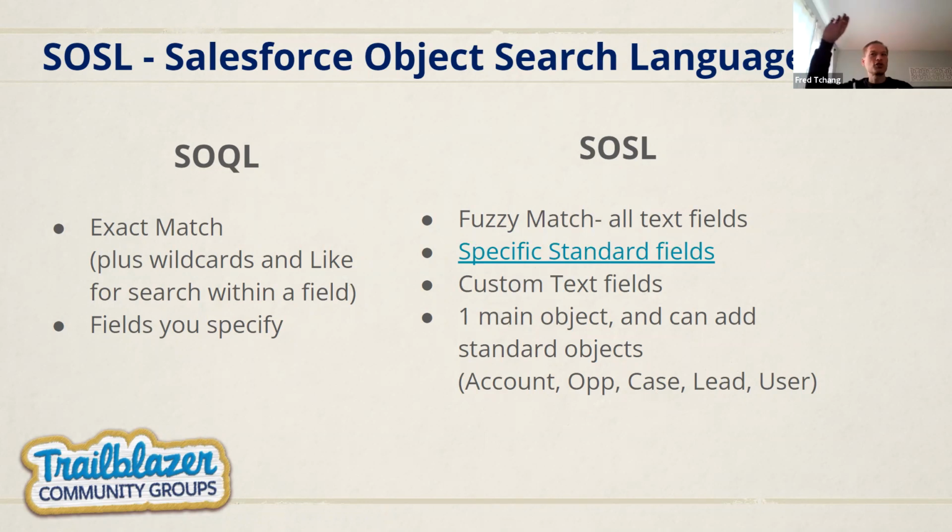So when you have that search bar in the top of Salesforce, that's kind of like a fuzzy search, right? It's searching a lot of things. And it can even find things that are not exact matches, but are conceptually close. So it is a really amazing feature.